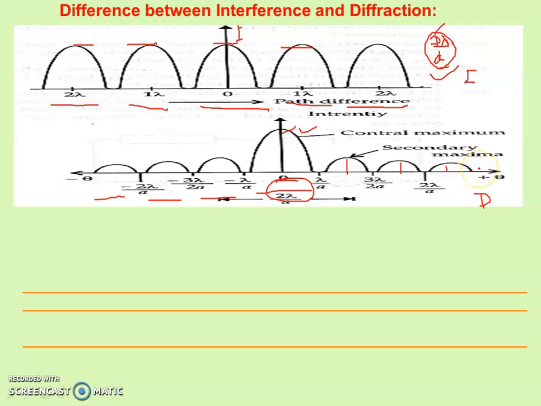After some space, the diffraction pattern disappears. So there is a good contrast between maxima and minima in interference, and a poor contrast in diffraction. Since in the higher orders the intensity becomes very small, we cannot distinguish the separation between dark and bright fringes in the diffraction pattern. So these are the basic differences between interference and diffraction.